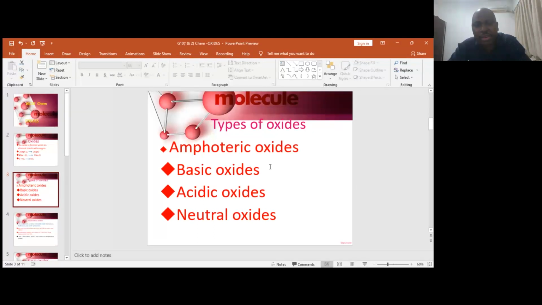So anytime you hear the word amphoteric in chemistry, it means something that can act as an acid and a base at the same time, or something that can react with an acid and it will also react with a base.